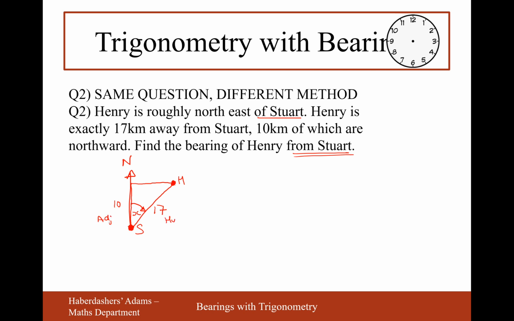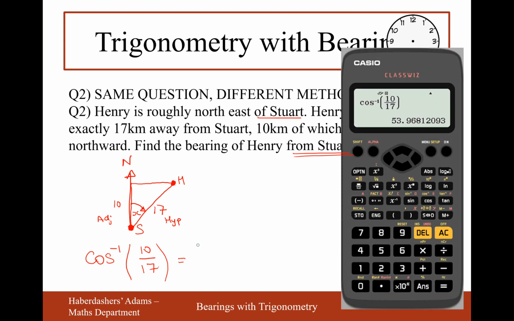This will be the hypotenuse on my right angle triangle. So it's going to be cos, I'm finding an angle, so cos minus 1 of 10 divided by 17. And when I do that on the calculator, I'll get exactly the same answer as I did previously, 054 degrees. So we get the same answer both ways, but we've just drawn our diagrams slightly differently.